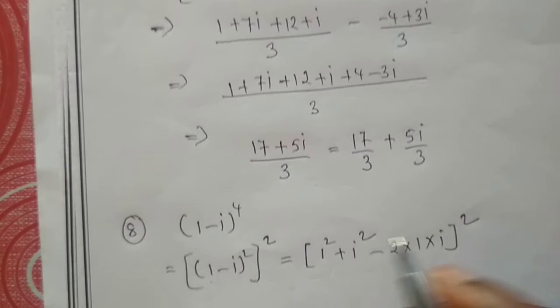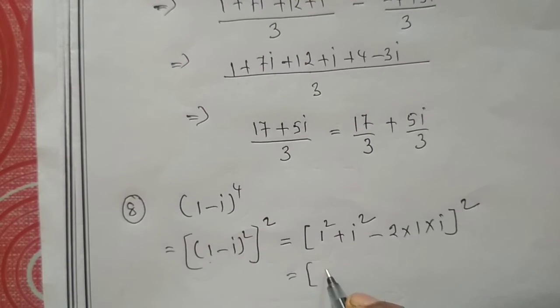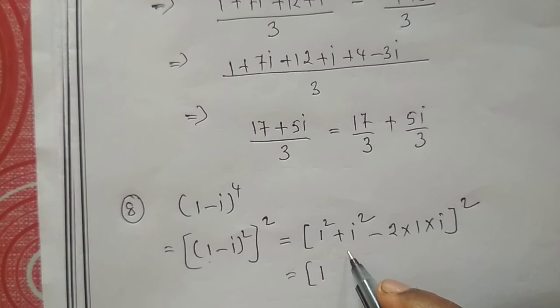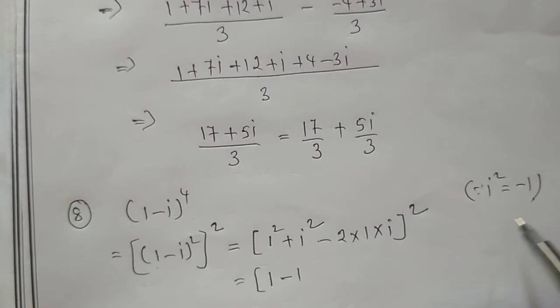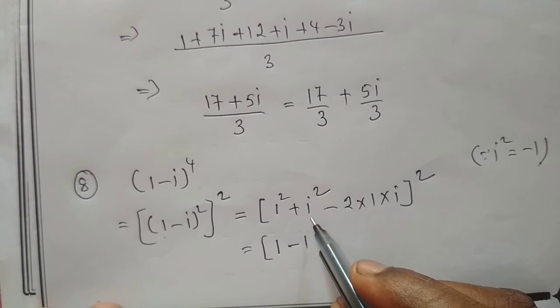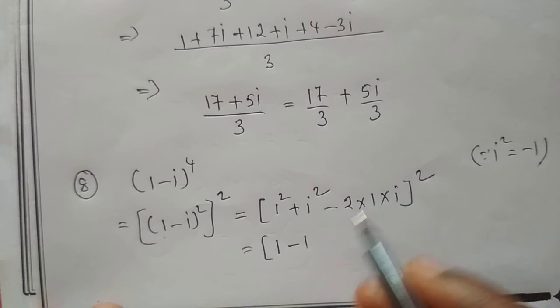I square is minus 1 because already we discussed i square is minus 1. So now we substitute i square is minus 1.